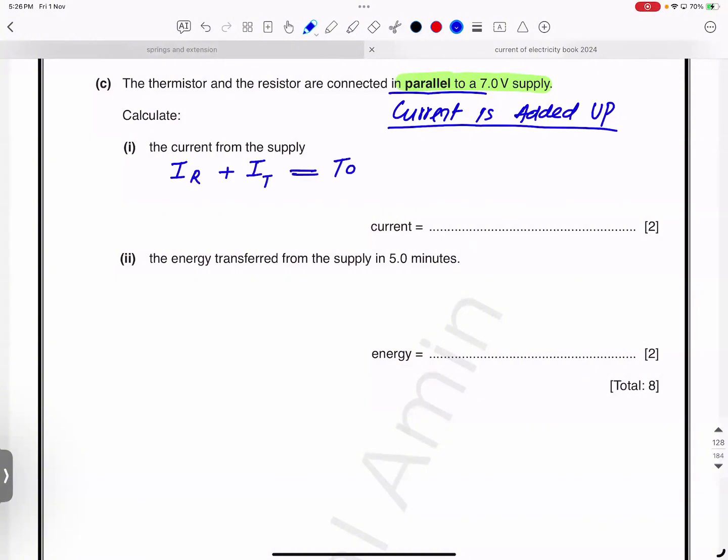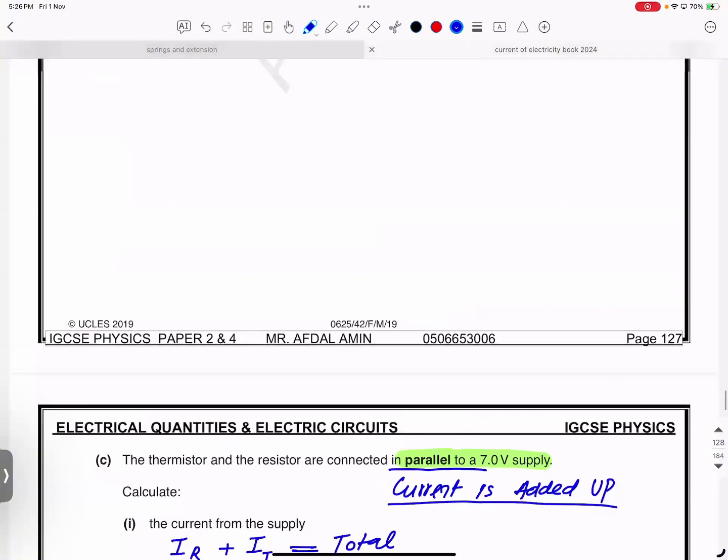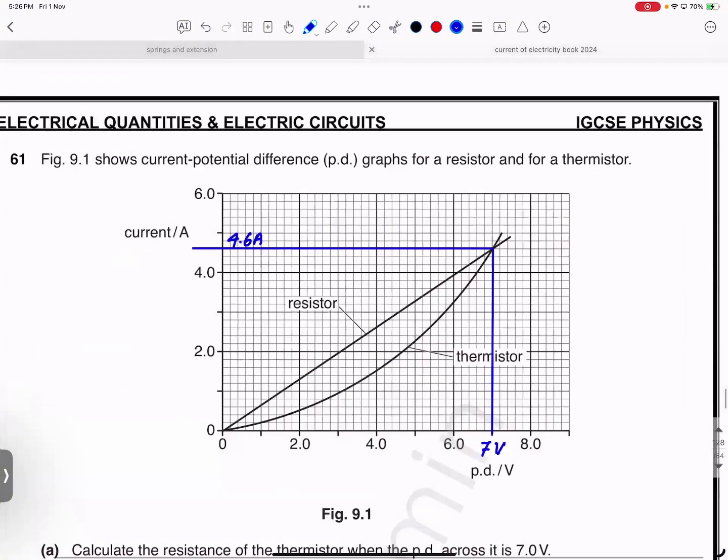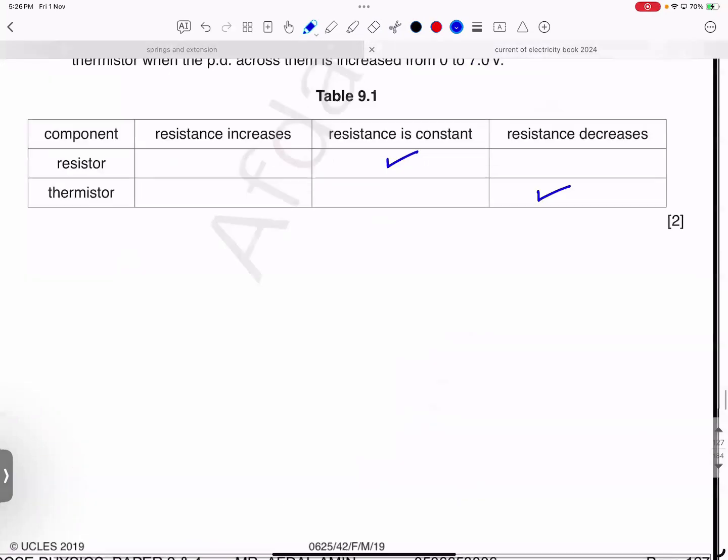It will give you total current of supply. Now go to the graph, we don't need to apply any equation or rule. Just go to the graph and tell me when the voltage is 7 volt, how much is current for each? They both have 4.6.